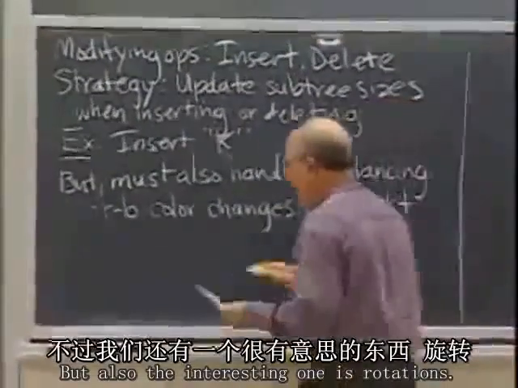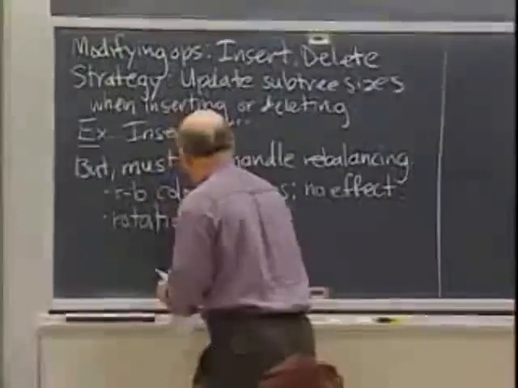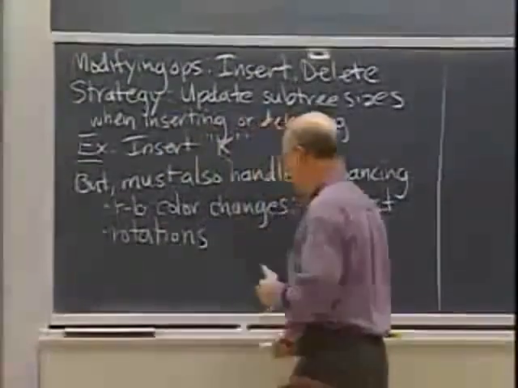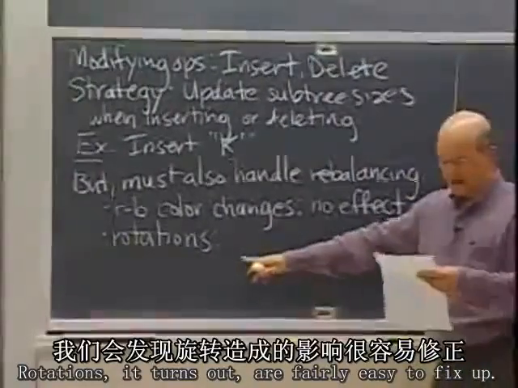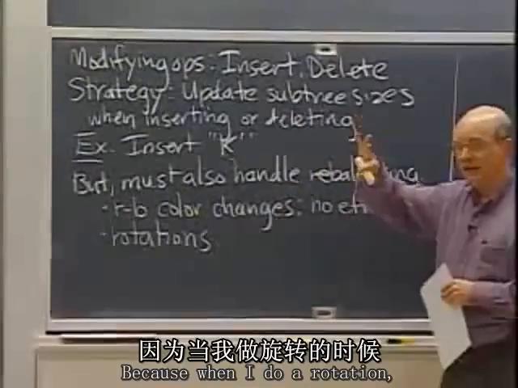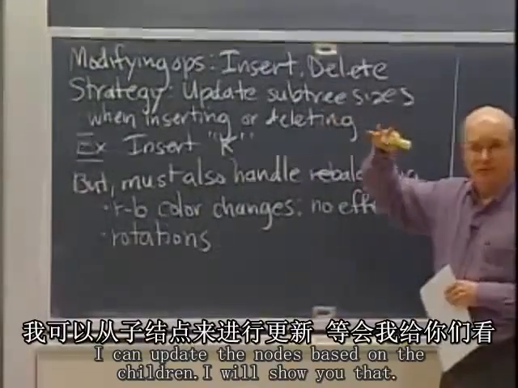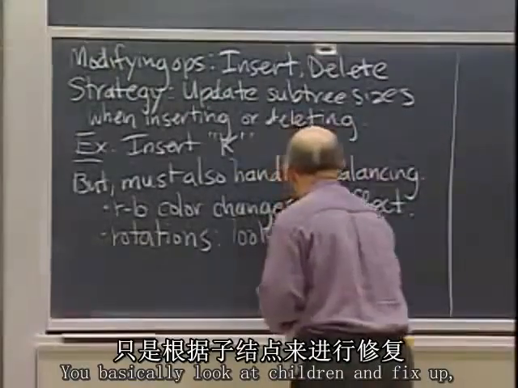But also, the interesting one is rotations. But rotations, it turns out, are fairly easy to fix up, because when I do a rotation, I can update the nodes based on the children. I'll show you that. Basically, look at children.